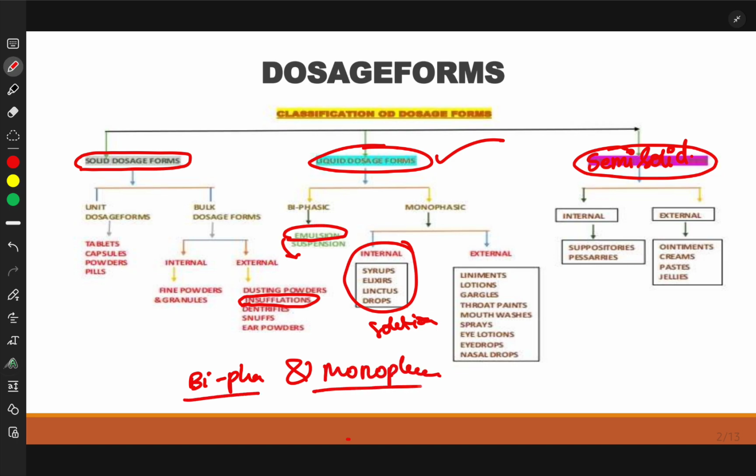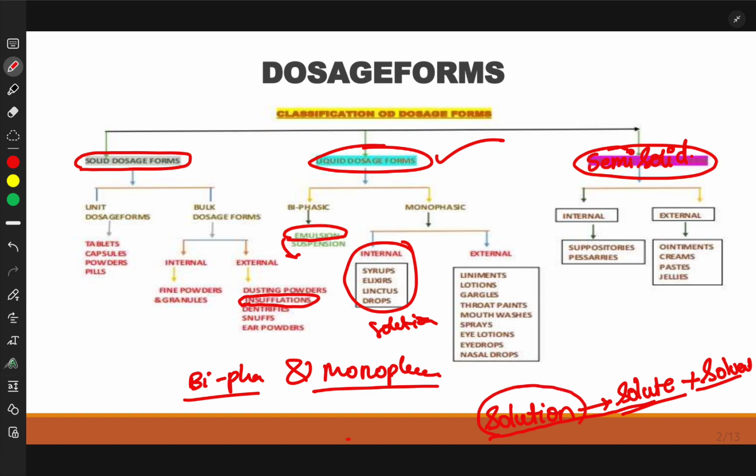Before knowing what is bi or mono, you will be having solutions. What is a solution? It is a mixture of solute plus solvent. You will learn this in your intermediate. A solute is a particle, and when it is completely dissolved in a solvent, we can call it a solution.